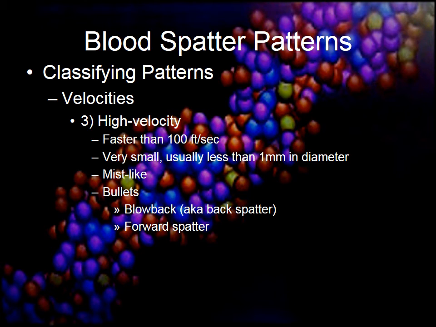If the firearm is close enough, you may find this blowback on the shooter or on the firearm. Forward spatter is how it sounds. It's blood stains that follow the path of the bullet. So if it's a through and through shot, for example, it goes through someone's arm, you may find forward spatter behind where that individual was.